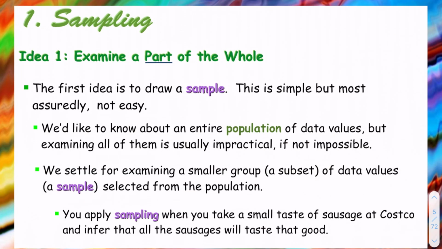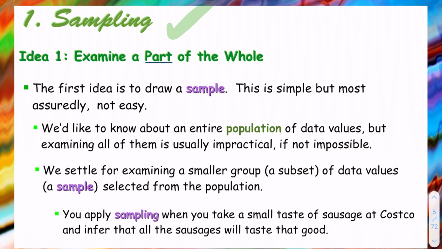Idea number one, sampling. With sampling, the idea is to examine a part of the whole. And if that starts you thinking fractions or probability, you're on the right track. So the first idea is to draw a sample, and that's what this chapter is about. This is simple, but most assuredly not easy.